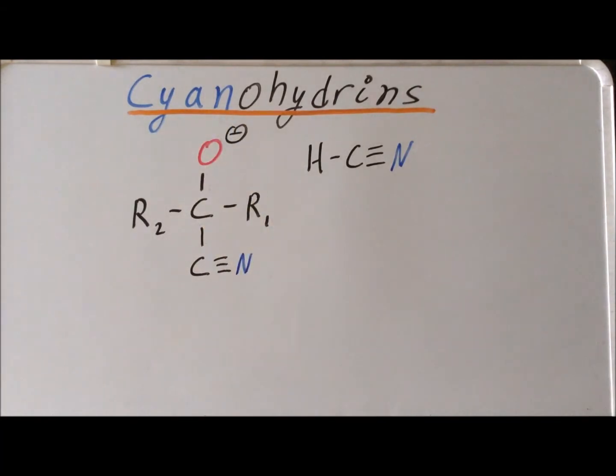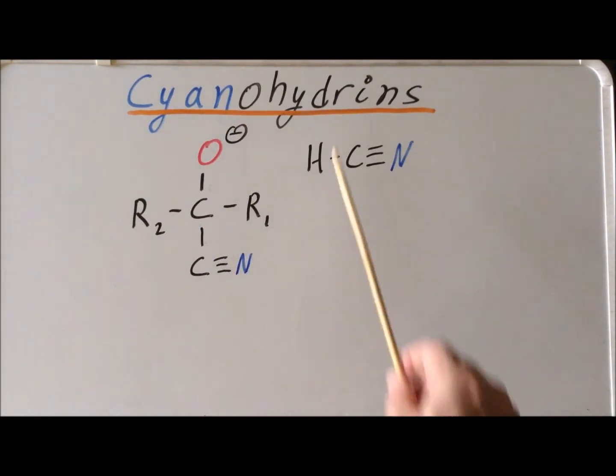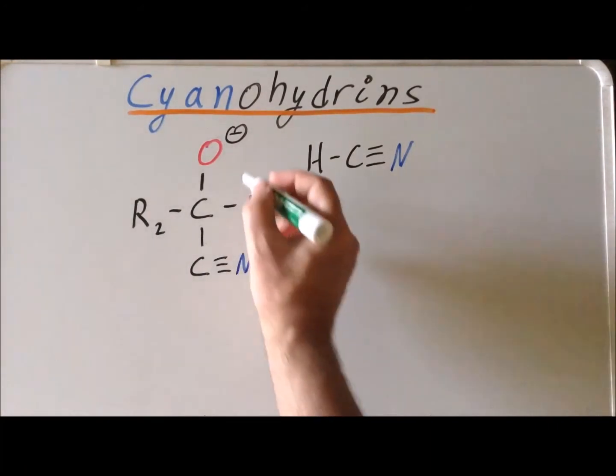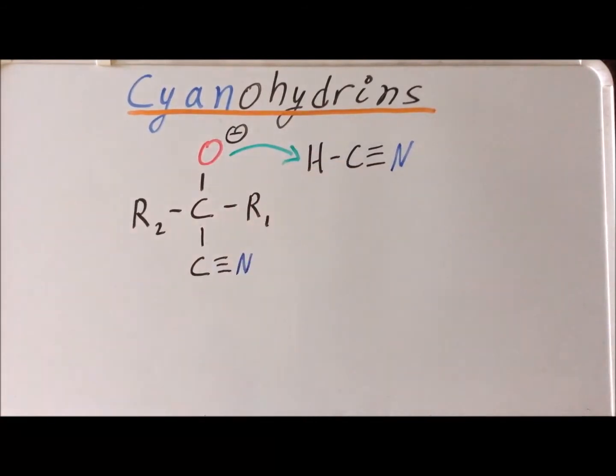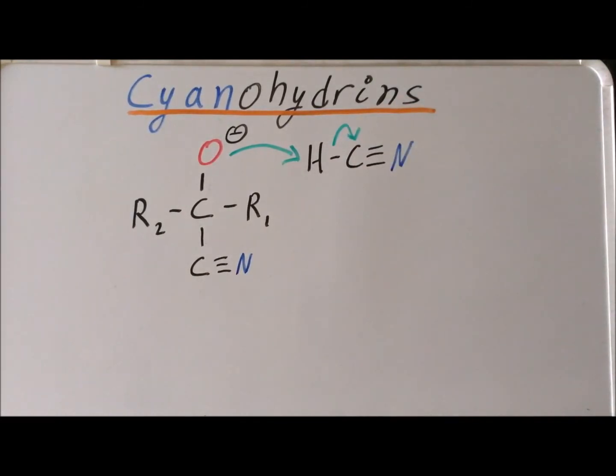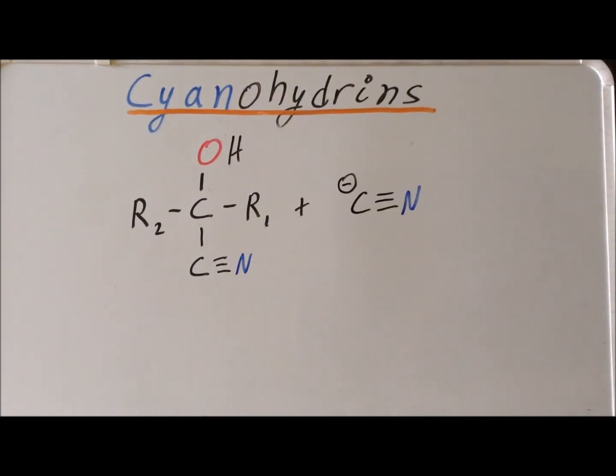The negatively charged oxygen is going to abstract the acidic hydrogen from the hydrogen cyanide, and the hydrogen-carbon bond will break heterolytically, leaving the negative charge on cyanide ion, thereby regenerating the cyanide that was used in the first step. In result, we form our cyanohydrin, and we're left with regenerated cyanide ion.